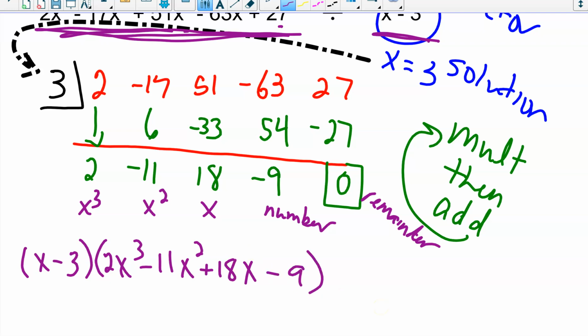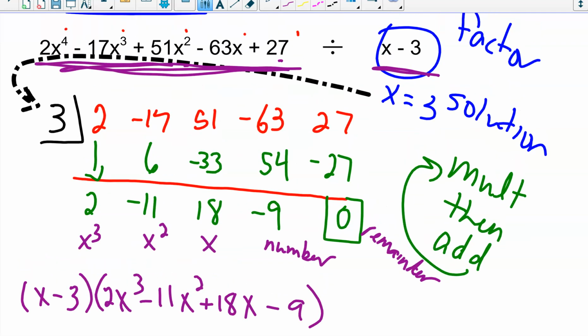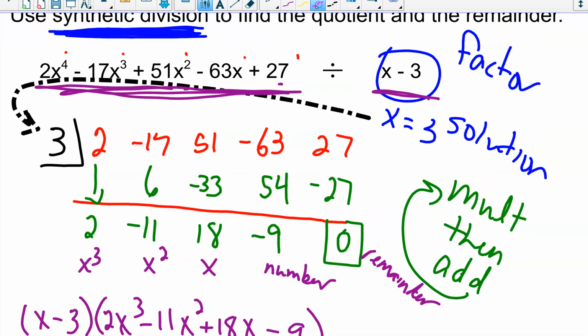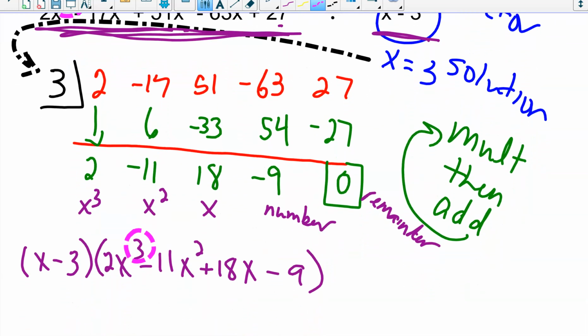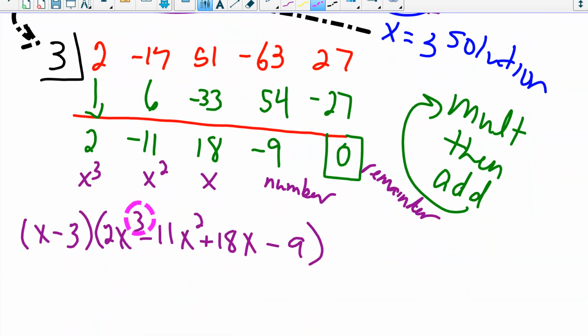And so what we did is we just factored it. Notice how this was to the 4th power. This is now to the 3rd power. So notice how that brings that down one exponent. So use synthetic division to find the quotient and the remainder. So here it is, right here.